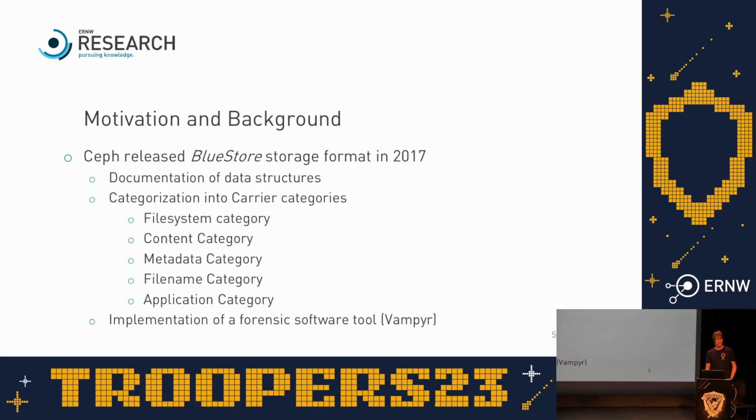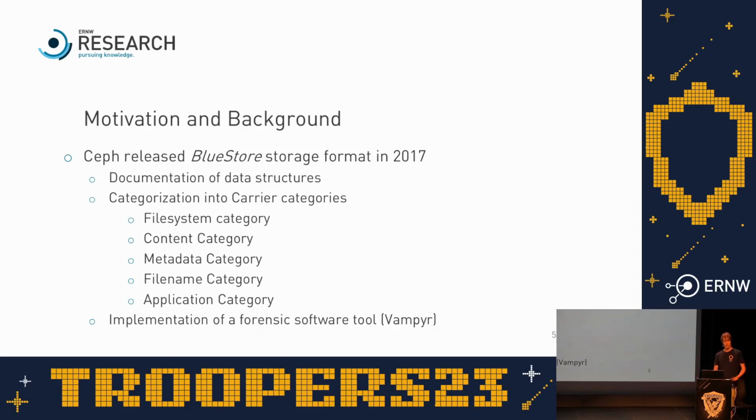So the file system category is basically all the data that describes the file system. So that it says this file system is, for example, an NTFS, or this is an ext4, and it has a certain size, it has certain different other attributes, and like this metadata for the file system belongs to the file system category.